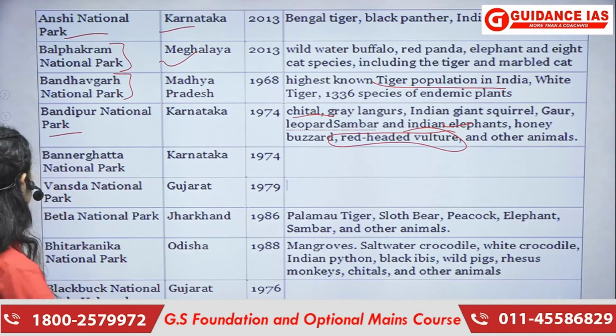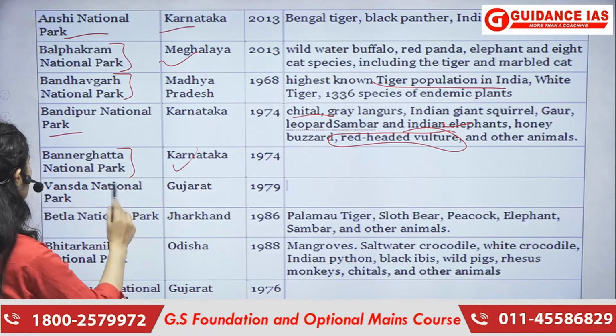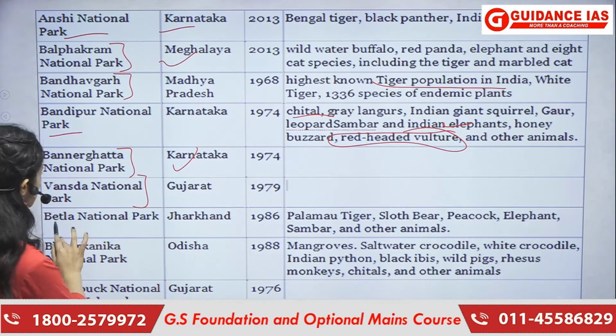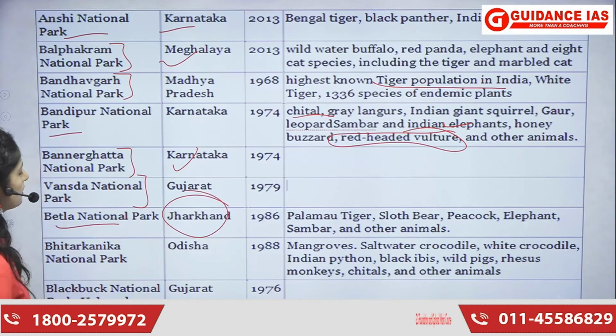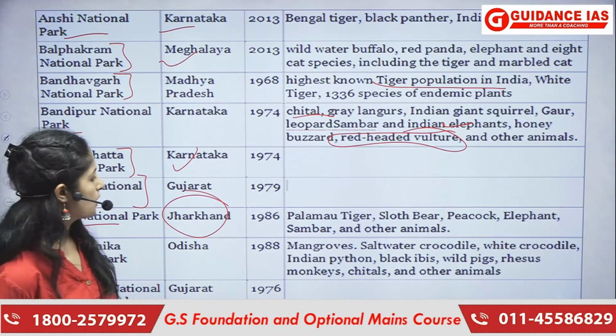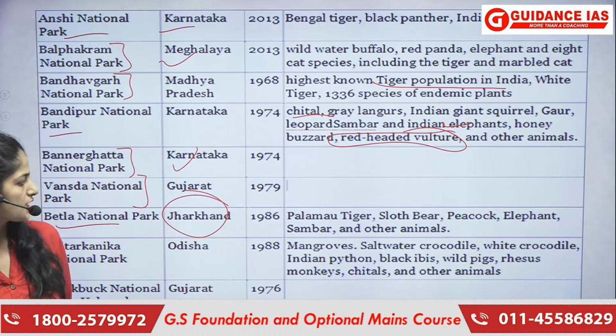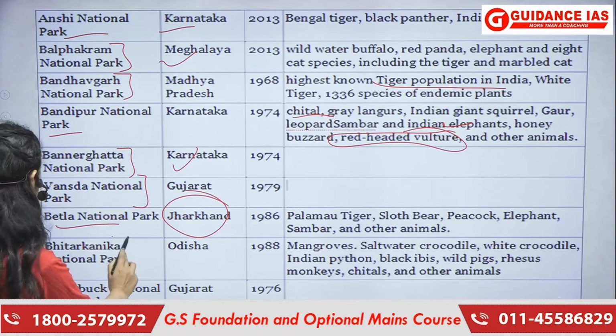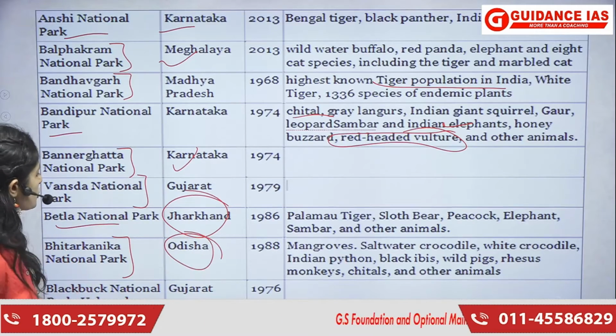Apart from that, Bannerghatta National Park belongs to Karnataka as well. Then you have Vansda National Park, Gujarat, and Betla National Park, Jharkhand, where you will find Palamau tiger, sloth bear, peacock, elephant, sambar and many more animals. Next you have Bhitarkanika, Odisha.